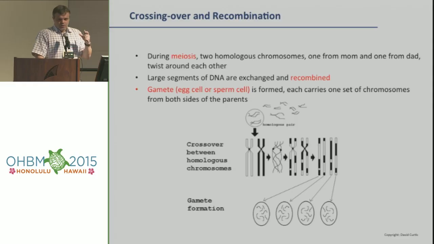You know, all cells have a double set of chromosomes, and during that process, the number of chromosomes is reduced to a single chromosome set. And in that process, the homologous chromosomes will pair, and they will form these crossovers, and then they exchange material.